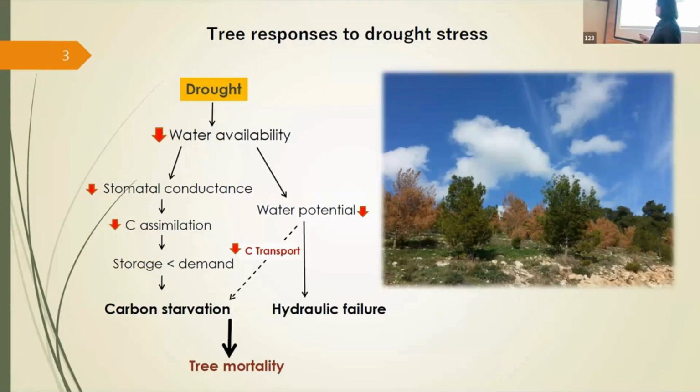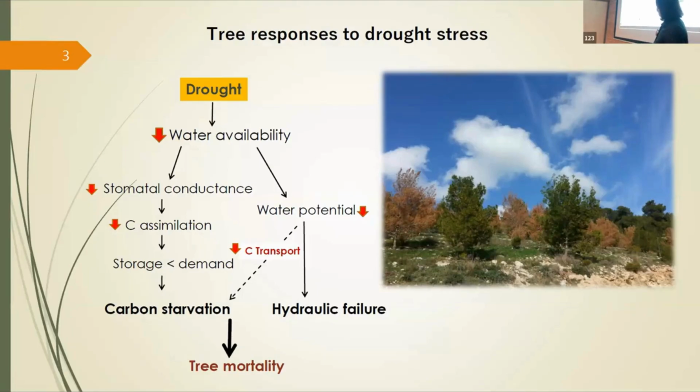And then when the demand for carbon increases, the storage is reduced, and then we get a carbon starvation, which is actually a very bad situation for the plant, for the tree.